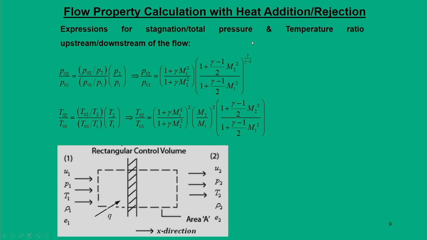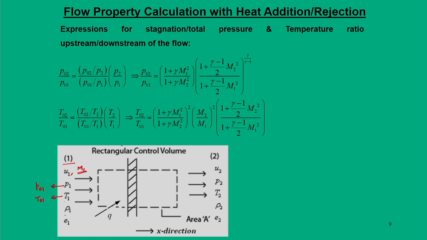For condition 1, that is U1 or Mach number M1, for the pressure P1 and Mach number M1 we can define P01, and for temperature T1 and Mach number M1 we can also define T01.